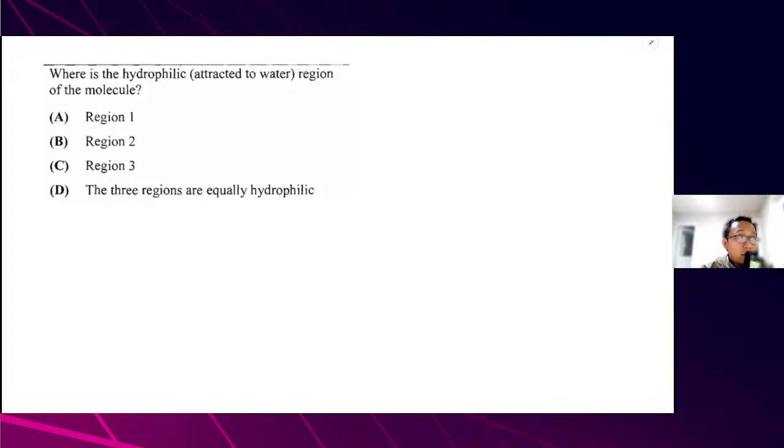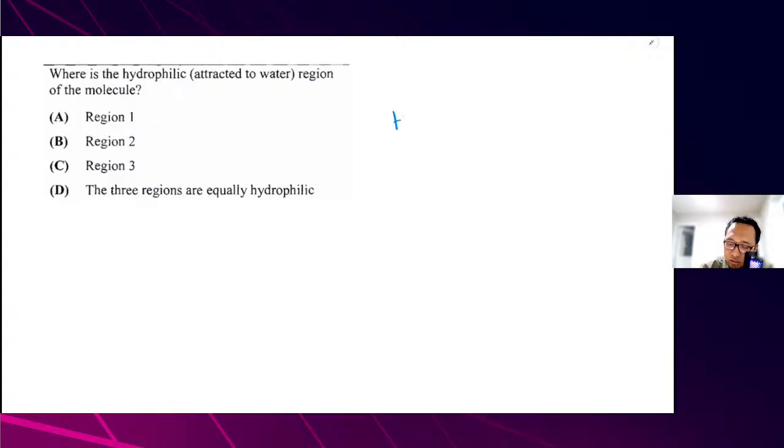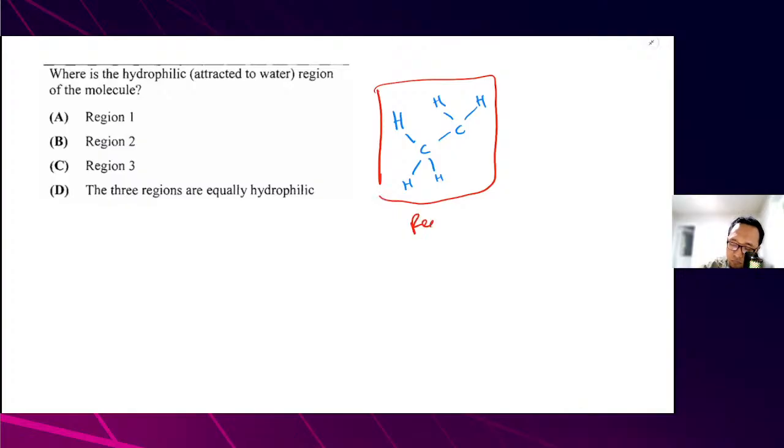First I need to write down the structure for this question. This is region 1.